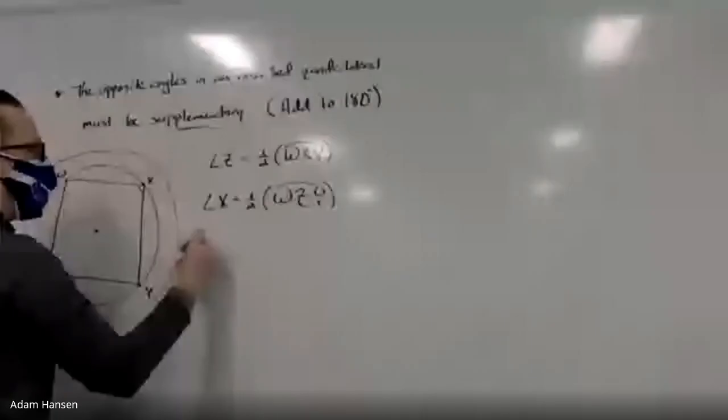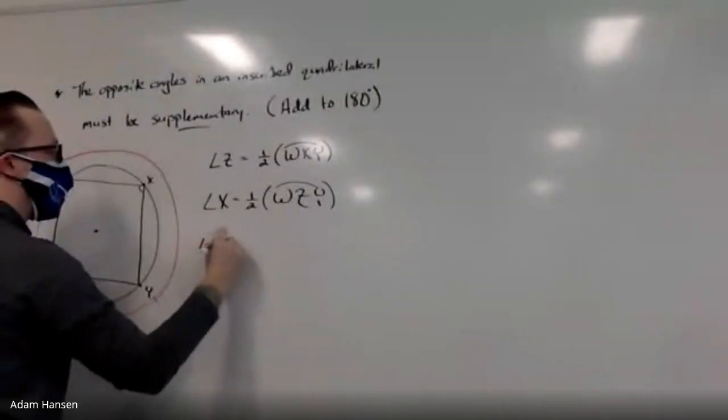Now when I add these together, it should be equal to 180. So let's add angle Z and angle X. If I add the 2 angles on the left, that would also be the same as adding the 2 arcs together on the right. These 2 things added together are equal to these 2 things added together.